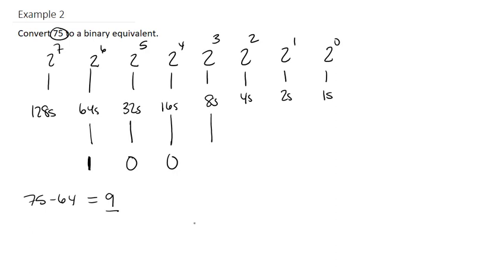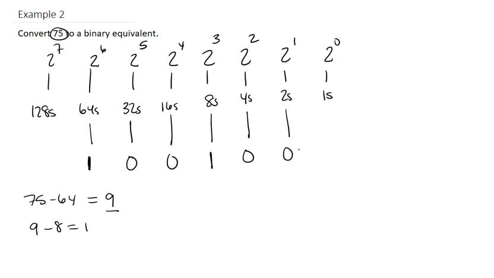But then we come to 8 and we notice that this is 9 and this is 8. So we have a whole 8 in there because we can go 9 minus 8, which is equal to 1. Now we move to the right. We see we have a 1, so we don't have a full 4 in there because we can't go 1 minus 4. And we can't even do 1 minus 2, so this is 0.